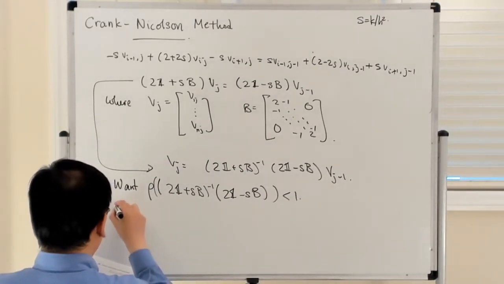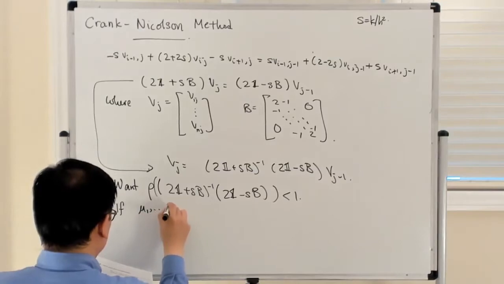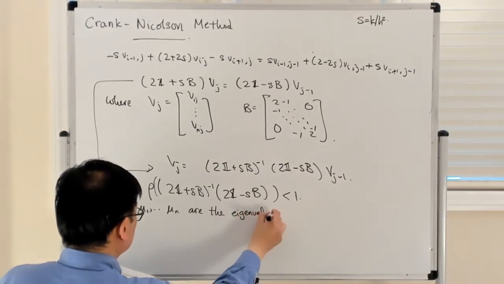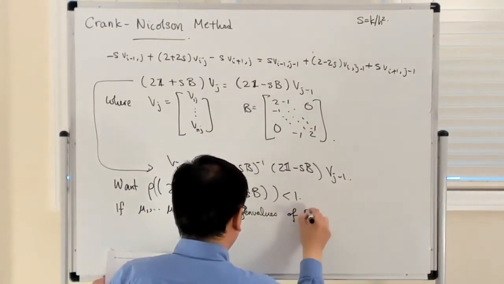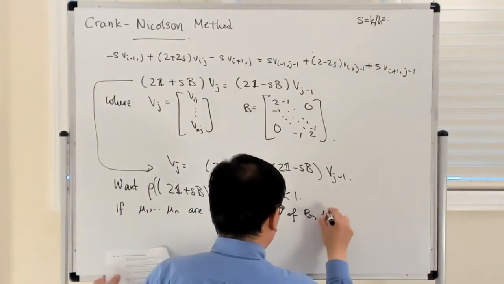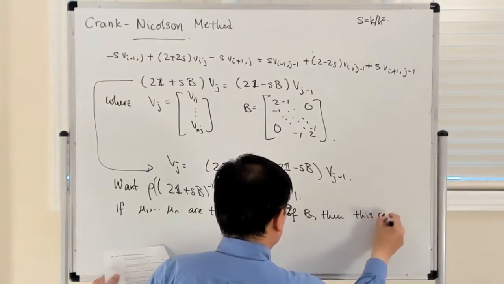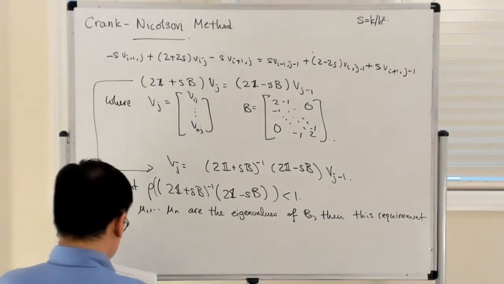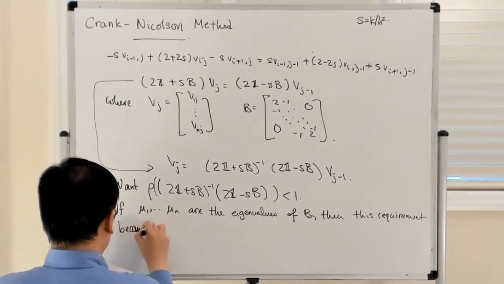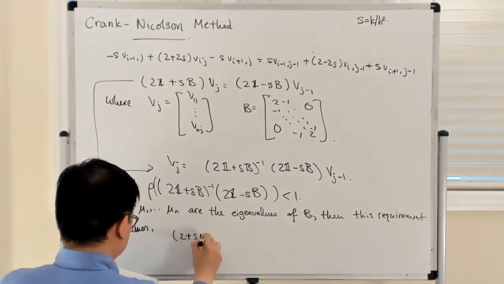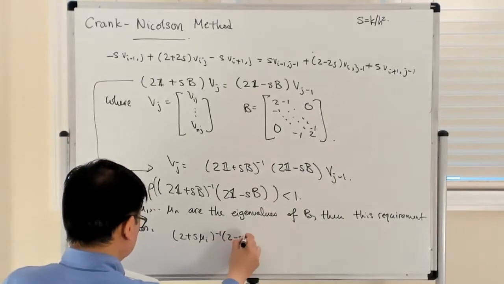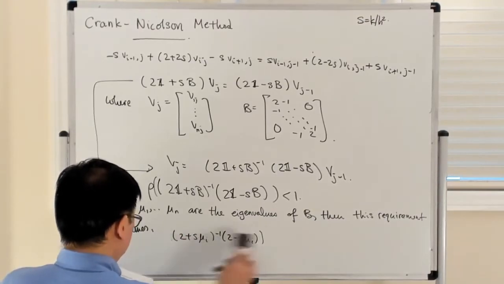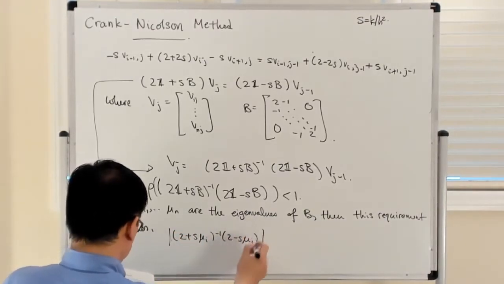So this condition is that, if mu_1 to mu_n are the eigenvalues of B, then this requirement is equivalent to the following: the absolute value of (2 plus S mu_i) inverse (2 minus S mu_i) is less than 1.